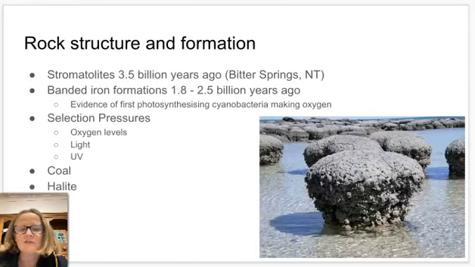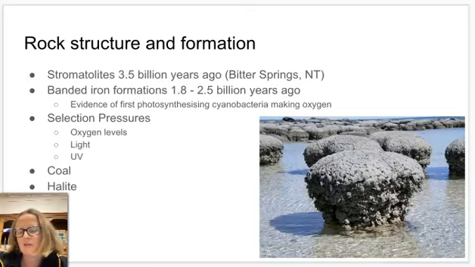Another form of evidence is to look at rock structures and formations, and this is the one that gives us the most information furthest back. And in Australia, we're extremely lucky. Over in the Northern Territory and also in Western Australia, there are fossilised rocks called stromatolites, and they look like these mushroom-shaped images that we've got in this picture.